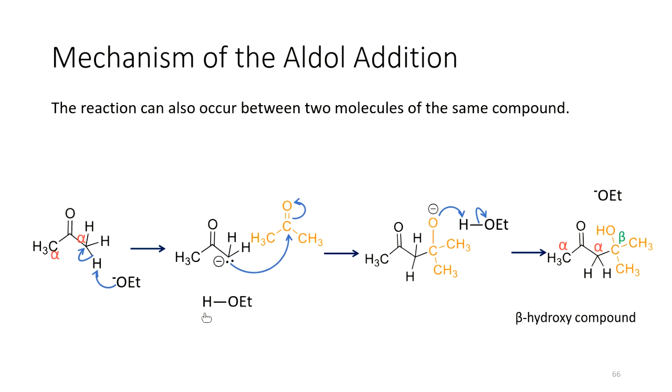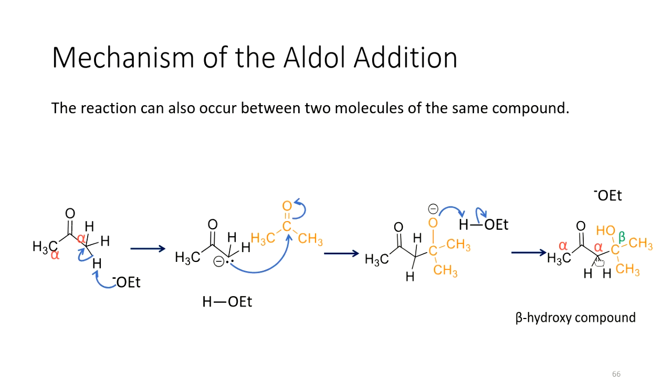Remember we formed ethanol at the start here: ethoxide took this proton and formed ethanol, and now the oxygen can take back the proton from the ethanol to regenerate our ethoxide. And once again, we form a beta hydroxy compound. This is our carbonyl. This is one of our alpha carbons.